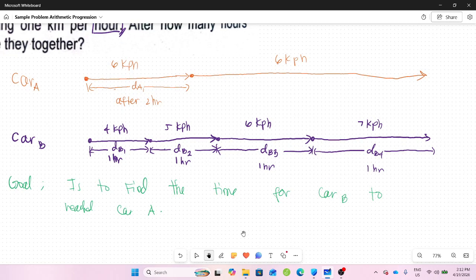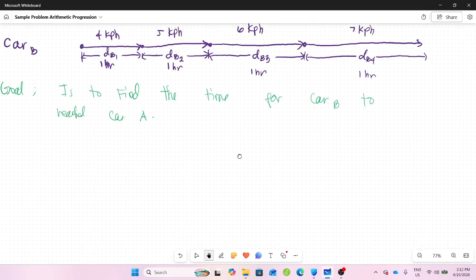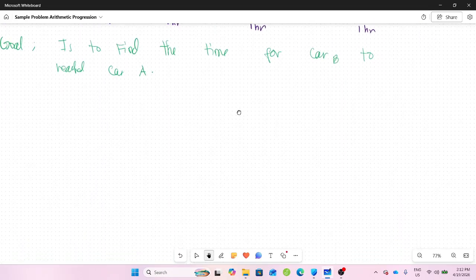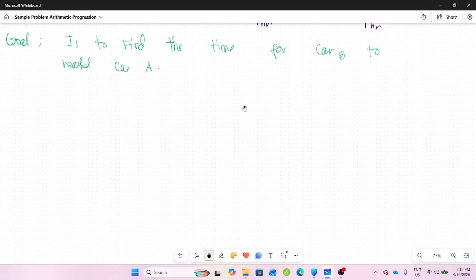For us to know the time, let us have a quick understanding of the concept of speed. Speed, symbolized by S, is distance divided by time.